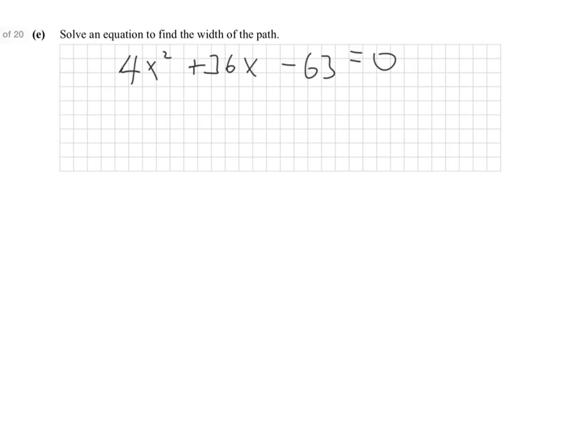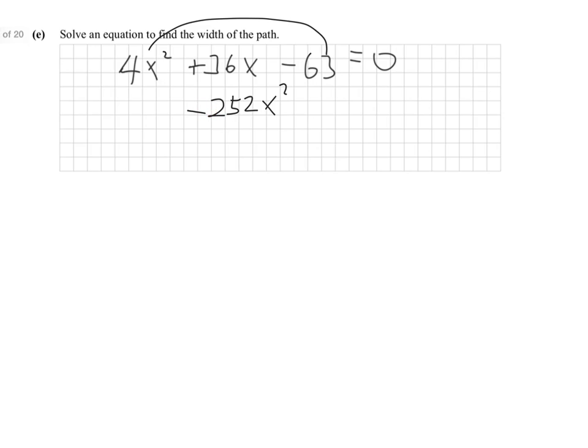So the first thing I do is I multiply the first term by the last term, and I use this kind of guideline to help you remember. So 4x squared times minus 63 gives you minus 252x squared. Now it's very important when you're doing this to put the term right under the middle term here, and also make sure that you include everything, like what is 4x squared by minus 63.